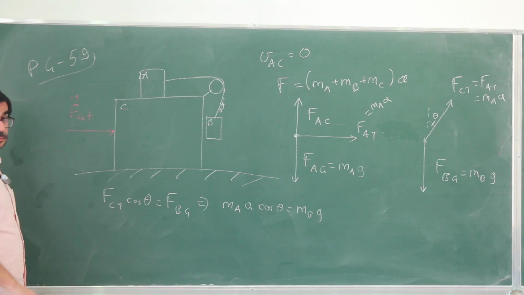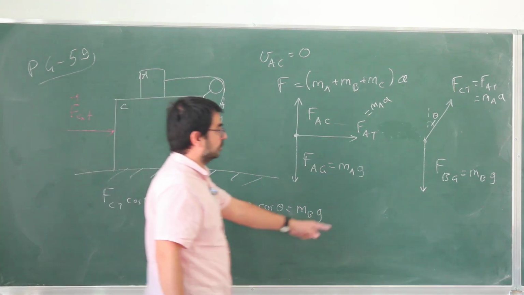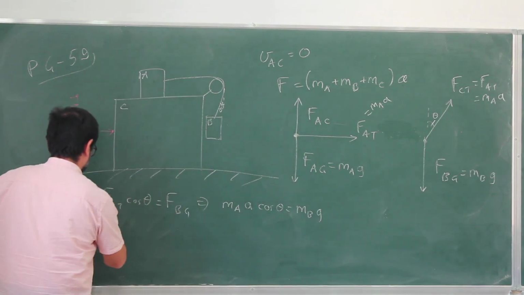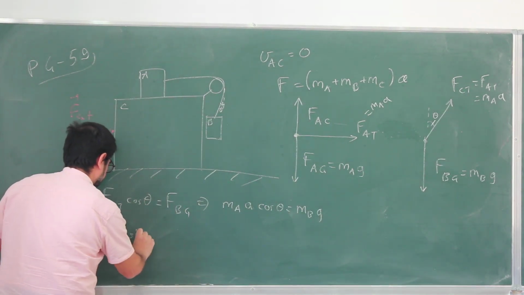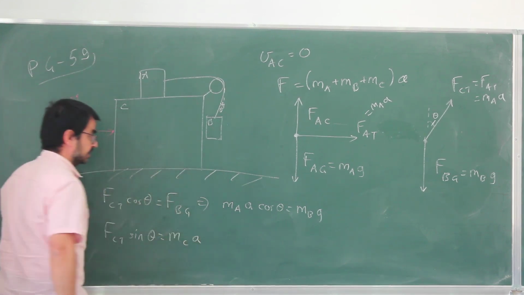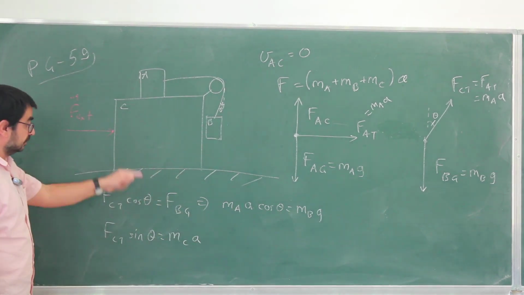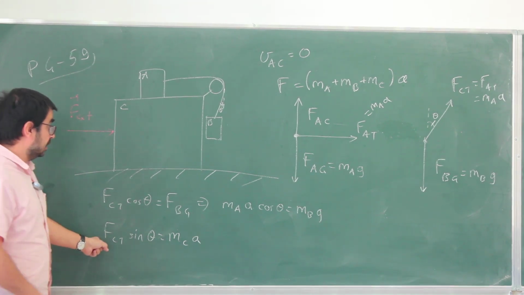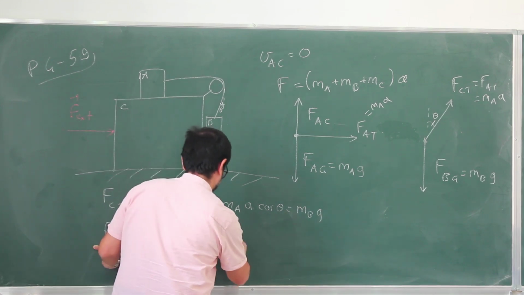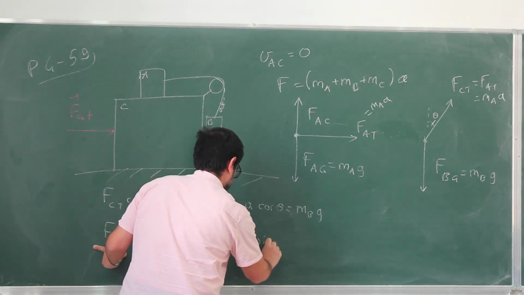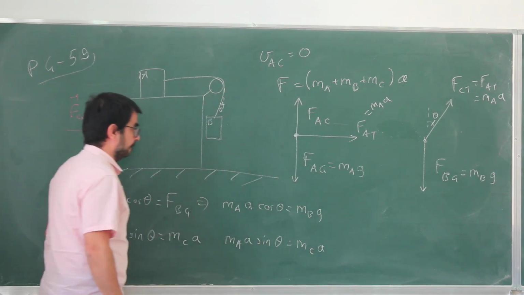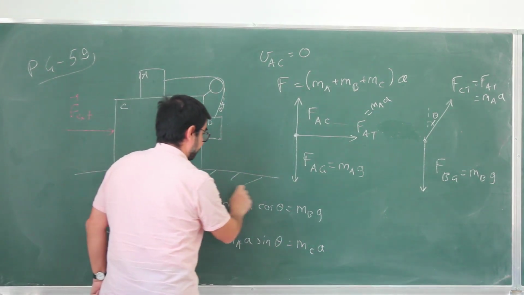For the horizontal, they don't cancel. This doesn't have a horizontal component, this one does. It's given by sine theta. So Fct sine theta is going to be the mass of this block times the common acceleration. That's the only force acting on it in that direction. And Fct, as we know, is going to be MAA. So MA A sine theta is MCA. Now we have this equation.